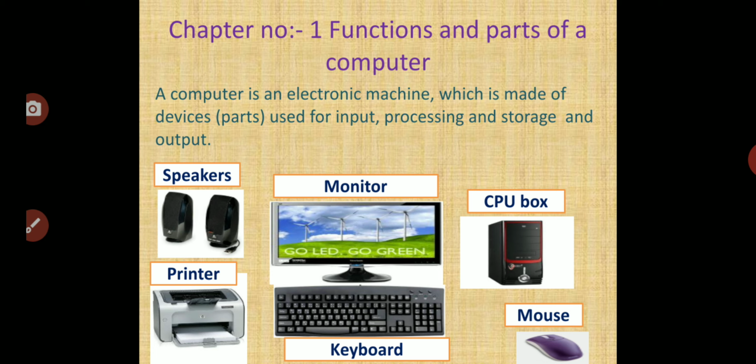Now fourth one, mouse. The mouse is a small plastic device with 2 or 3 buttons on it. It is kept and moved on a mouse pad. The mouse is used to point to a particular place on the screen, and so it is also known as the pointing device.